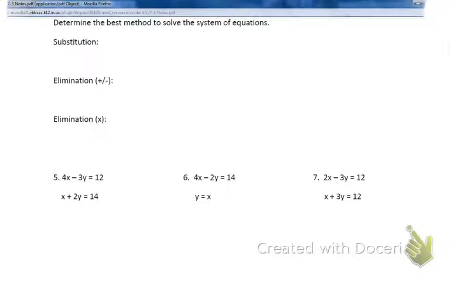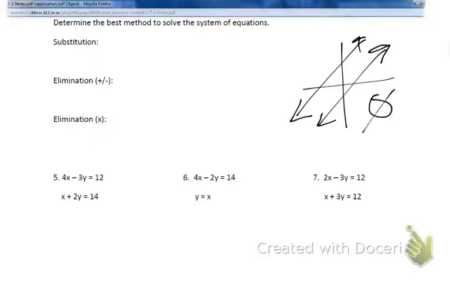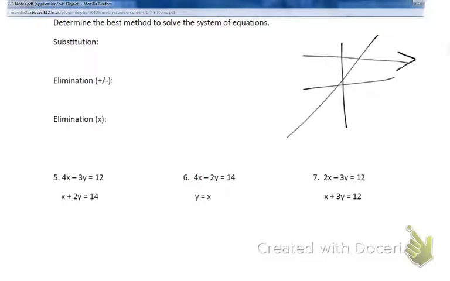Okay, so again, the 4 methods to solve a system of equations. The first being, graphing the 2 lines. Again, if they don't cross, you get a no solution answer. If they do cross, you got to tell me where they cross. This is a one solution system, and that point where they cross is the one solution.